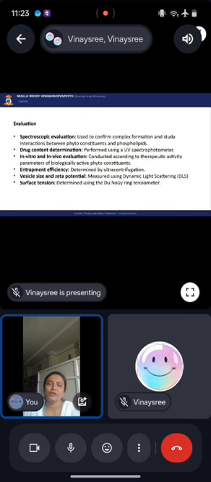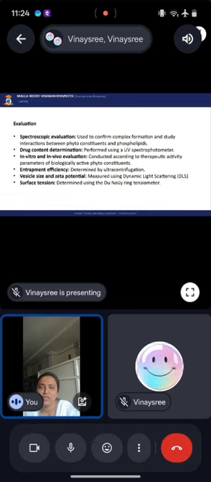So next, coming to the evaluation parameters, we are going to evaluate the complex that is being formed, the complex formation, and study interactions between phytoconstituent and phospholipids. We are going for spectroscopic evaluation, and drug content determination will be performed under the UV spectrophotometer, and in vitro and in vivo evaluation will be done according to the therapeutic activity parameters.